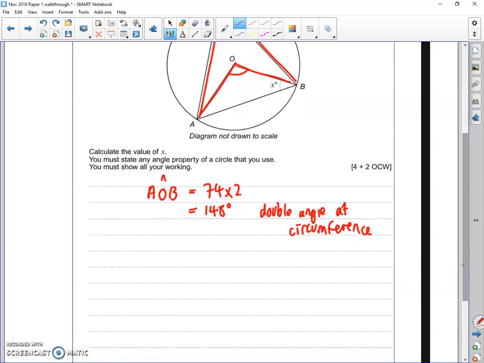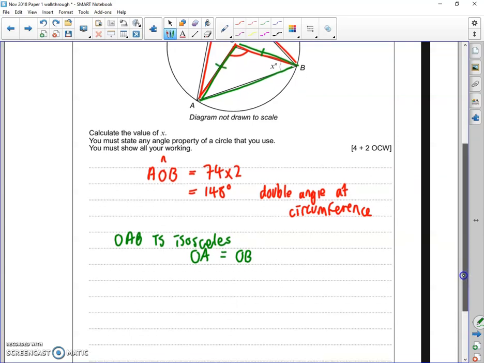Well, the next thing you've got to spot then is if it's an isosceles triangle here. How do I know it's isosceles? So if we say that OAB is isosceles, this is all for your OCW marks, and I know that because OA and OB are both radiuses for the circle, which means they're equal.